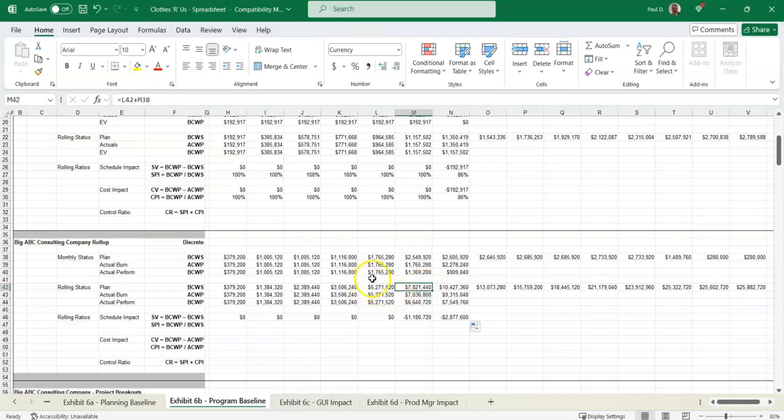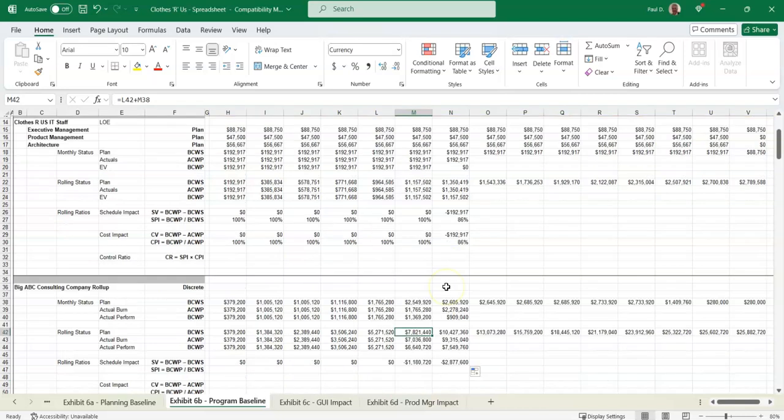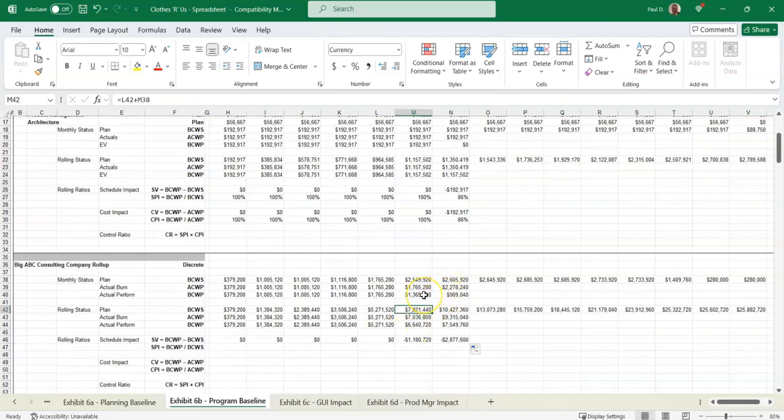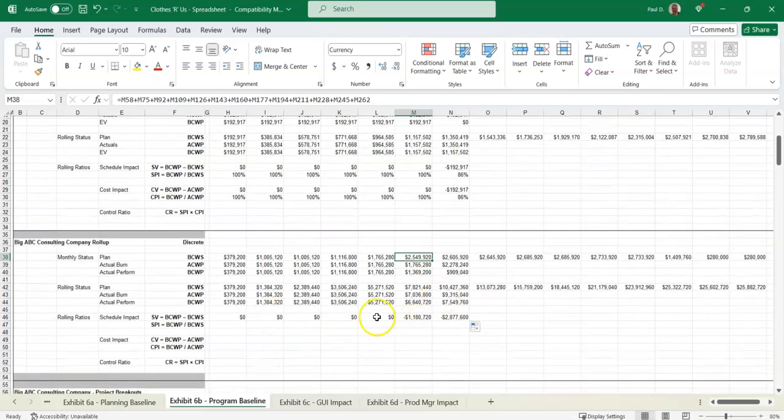If you look at what month that happened in, you can see it happens in June, and you earned 1.369 million, but you had actuals of 1.76 million to a plan of 2.5 million. So you're going to start seeing that you're going behind schedule and over budget, and these calculations will show you that.